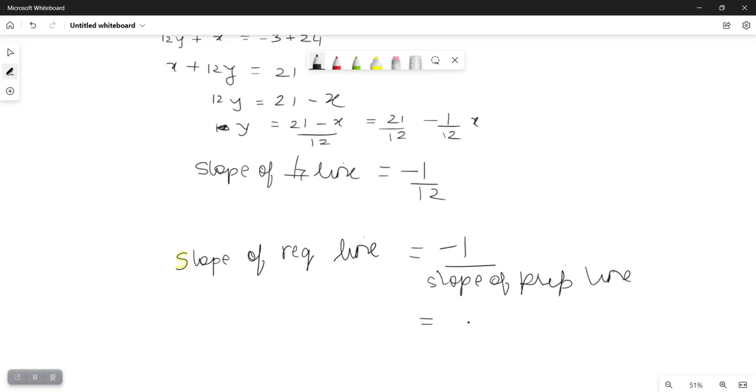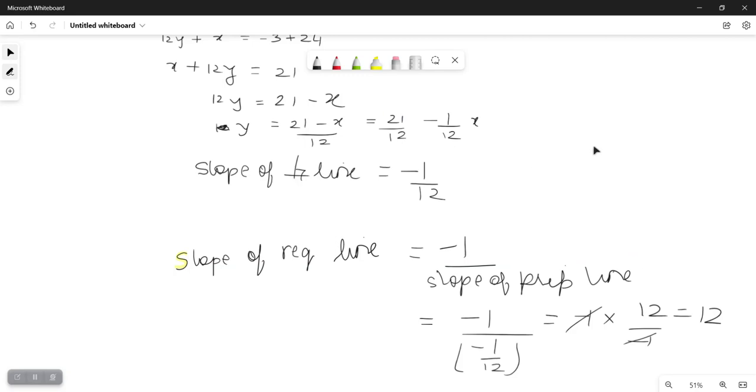Now the slope of the perpendicular line is -1/12. So when there is a number on top and a fraction below, the number survives and the fraction gets inverted. So you cancel, and you get the slope as 12.